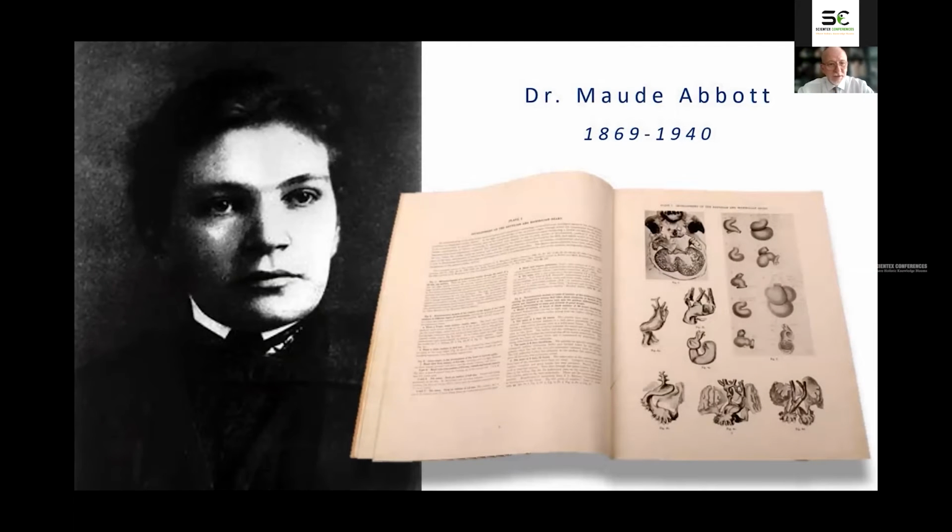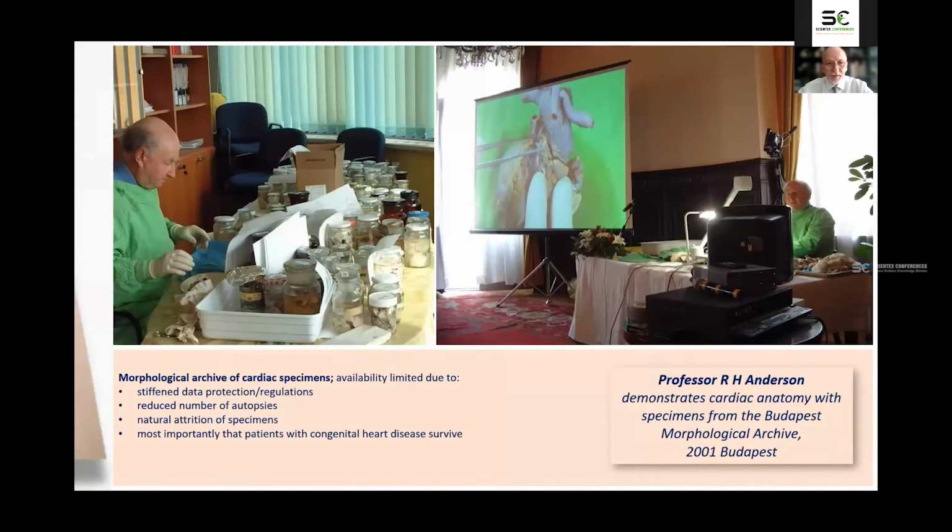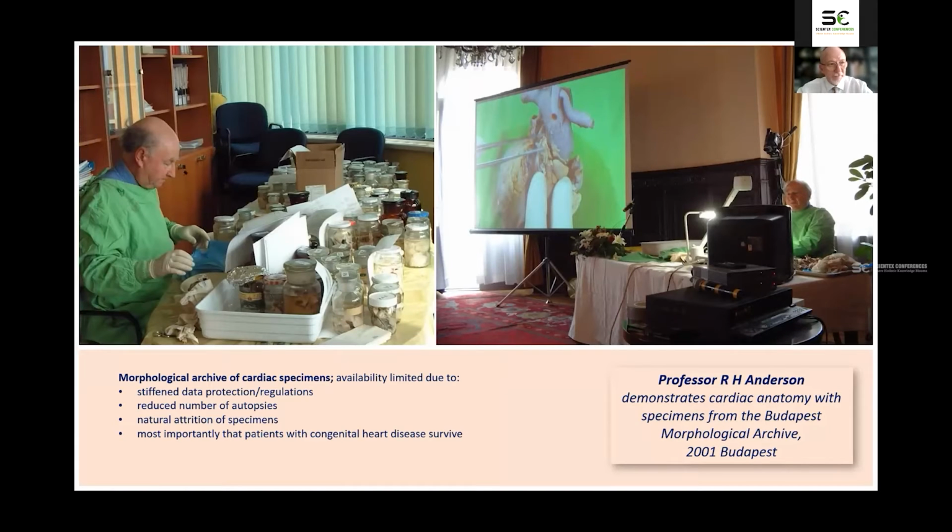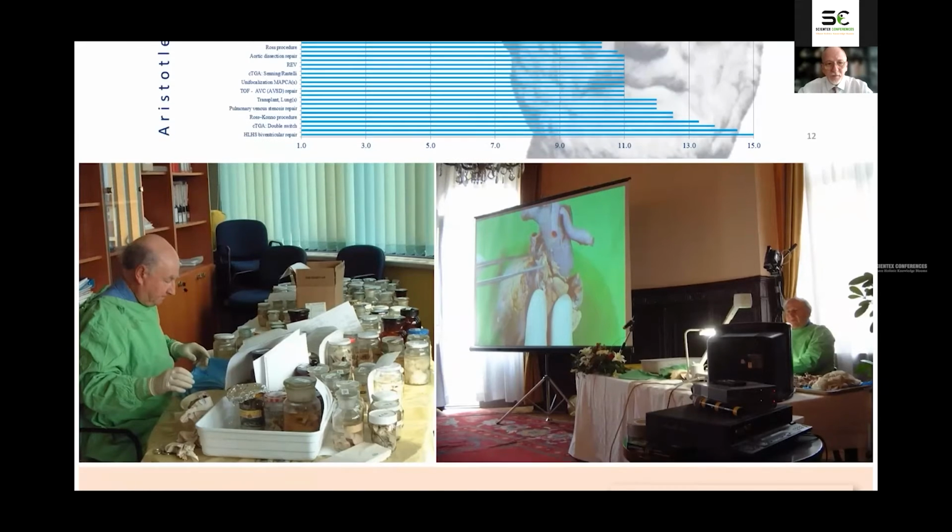Over the centuries, and especially starting from the early 20th century, people were studying heart models. And this is the lady who actually started it, Dr. Maud Abbott. And I myself was educated on cardiac specimens, but these cardiac specimens are general and they are not individualized. So we need more models.